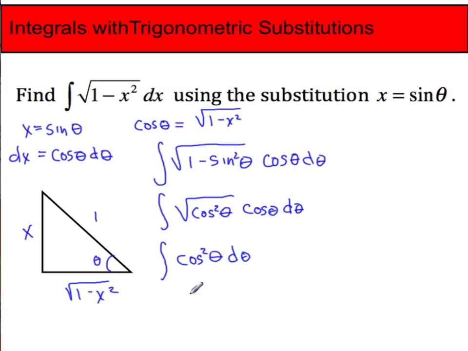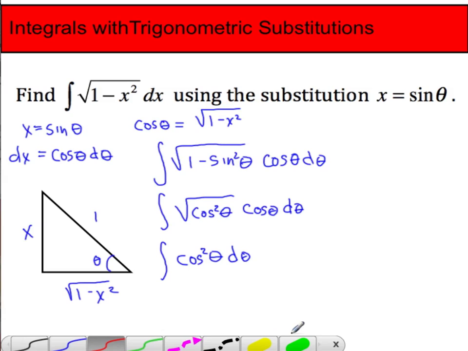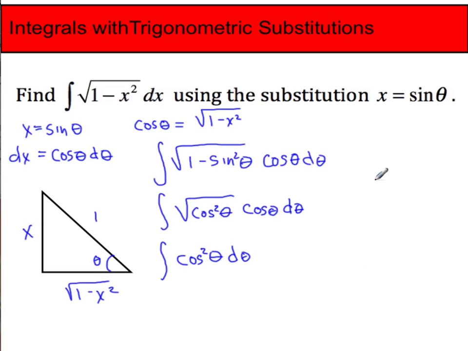Now, taking the integral of cosine squared isn't easy, but we'll just do a little bit of background for a second. This is actually called a reduction formula. It's nothing more than just the double angle formula. I'll just go over here and do some side notes.